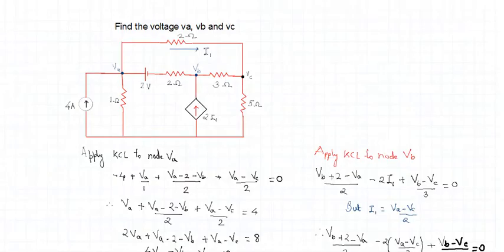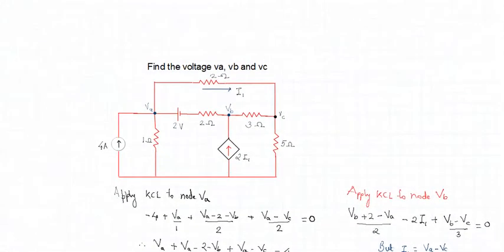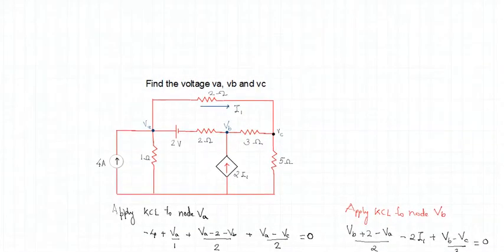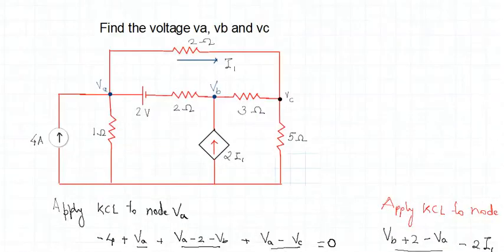Let's move on to the next question. So here, first of all, carefully analyze what the question is all about. Understand the question properly. Here is a circuit given to you, and you have been asked to find VA, VB and VC voltages.